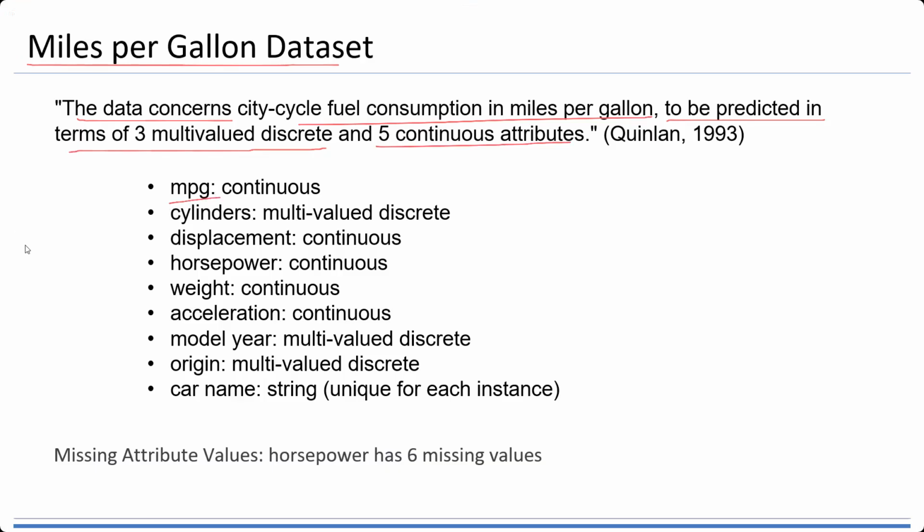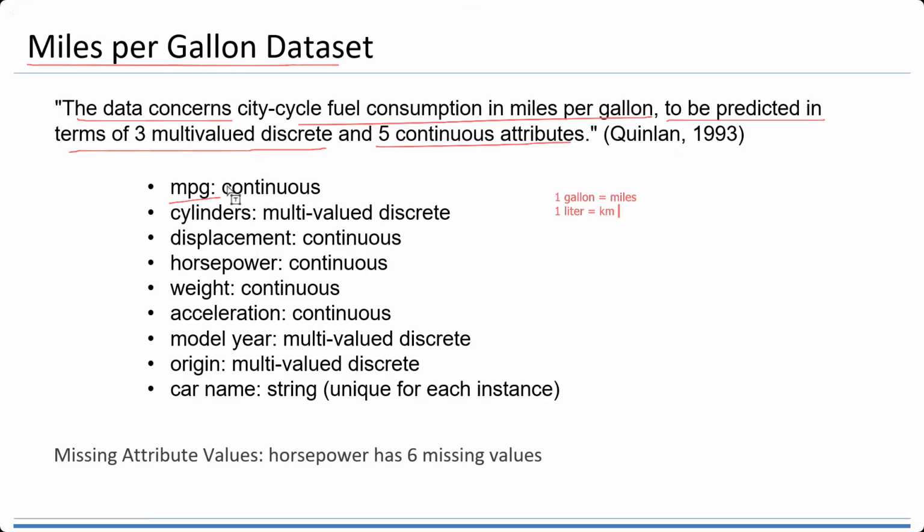It means 1 gallon, maybe if we in Korea, we usually use liter, 1 liter. So 1 gallon, how many miles your car can go? Maybe in Korea, 1 liter, how many kilometers that your car can go?